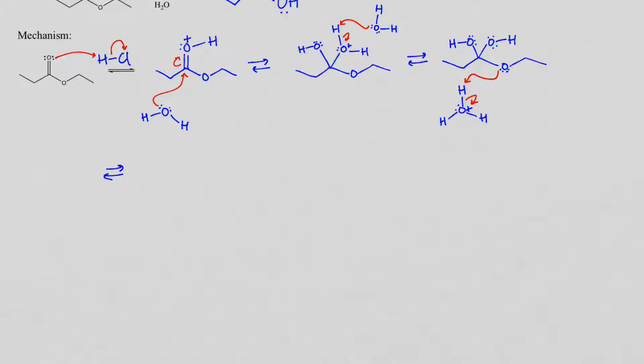So then we still have our tetrahedral intermediate transition state looking thing.